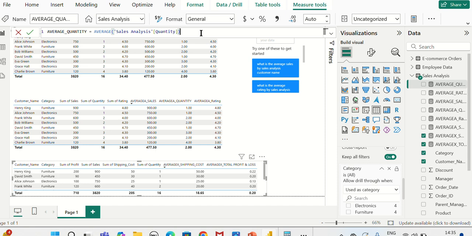For AVERAGE, I want to know the quantity of this category, and I want to know the ranking as well, plus the sales as well.